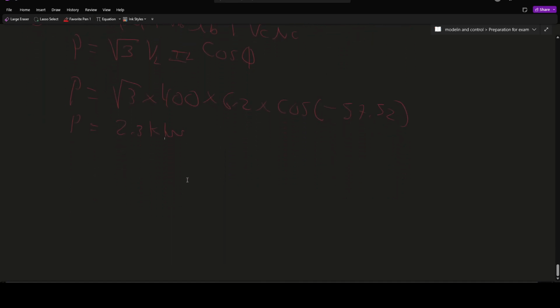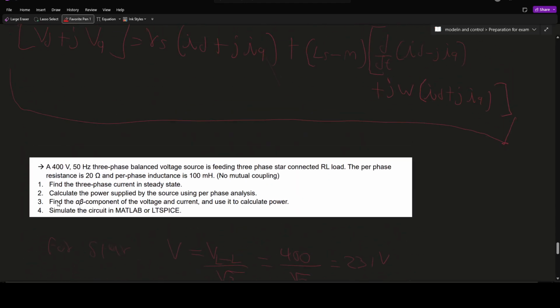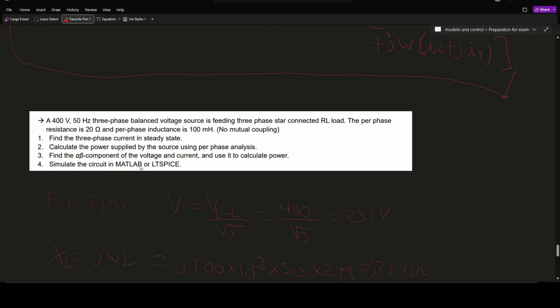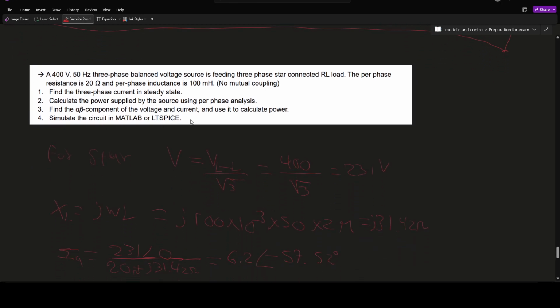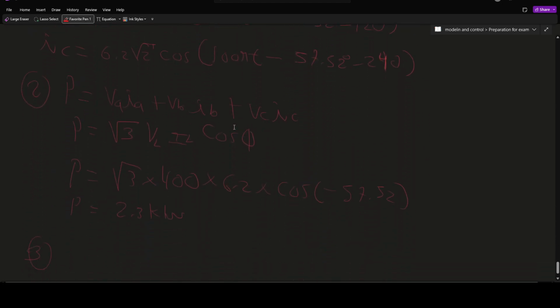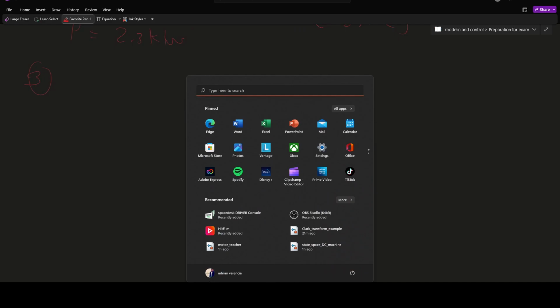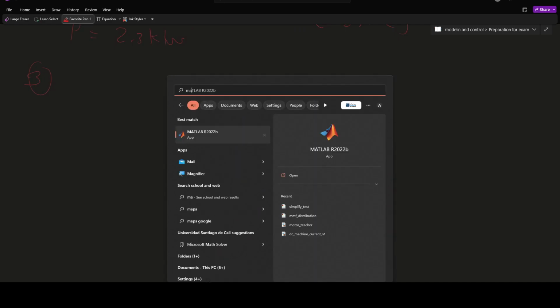Now the third part. They're asking us to find the alpha beta components of the voltage and current, and use them to calculate power. We have actually done this before.